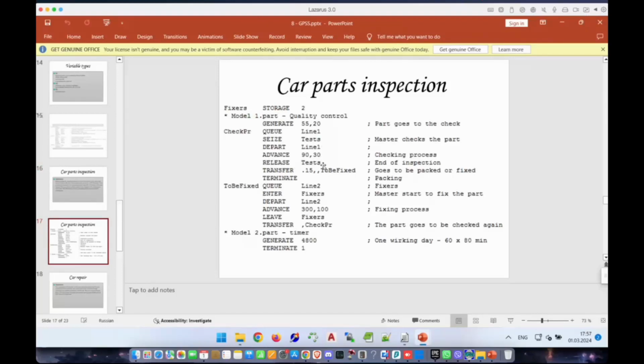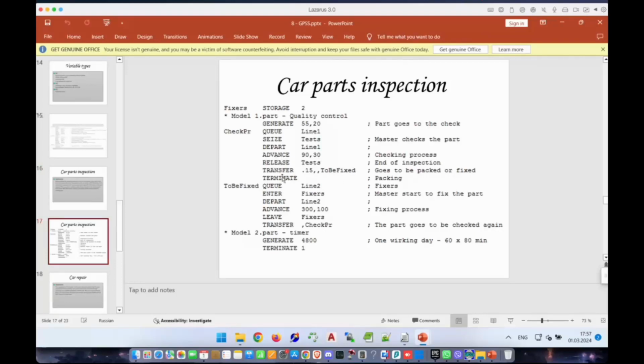Then the fixer puts aside this spare part, and with a 15% chance, when the tester says that the spare part is good, it is just sent to the customer. So it goes out from the system using the terminate. Otherwise, it's sent to the fix line.